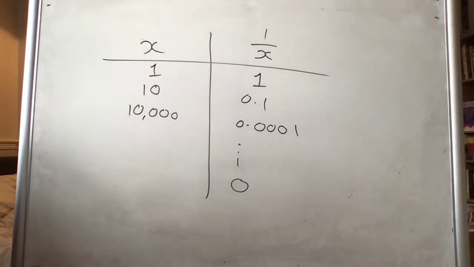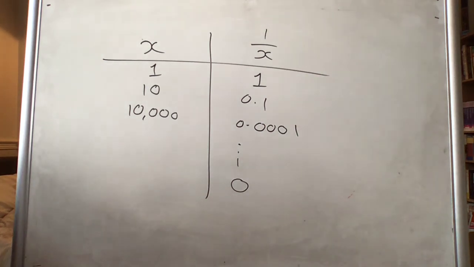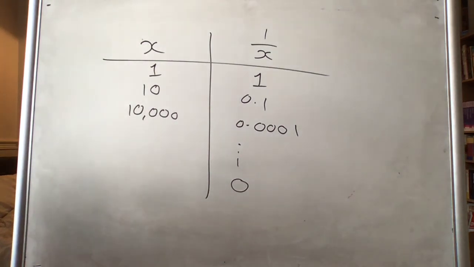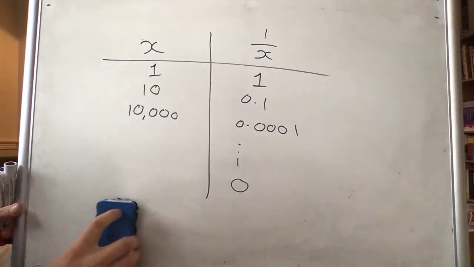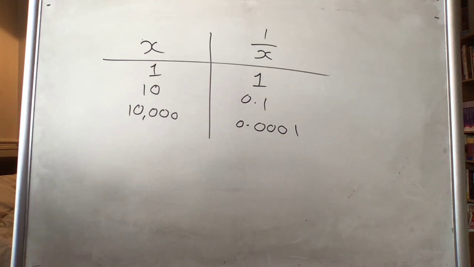Now, we are faced with an interesting situation here, okay? We can't say what happens when x gets to infinity because that's undefined, but we can see that 1 over x is moving towards 0, okay? So, again, we want to give this answer 0, but we can't, so we're going to have to express this mathematically. We can say that the limit of 1 over x as x approaches infinity is 0.